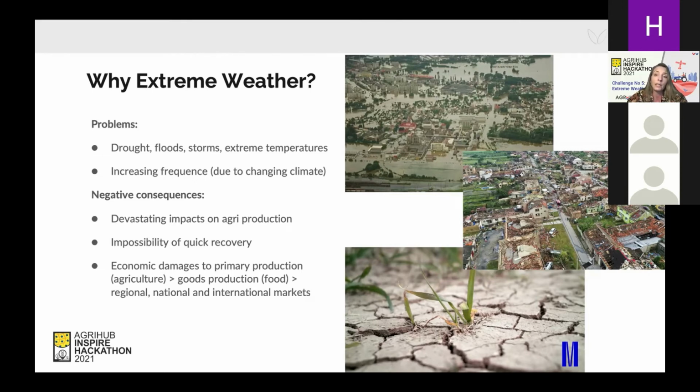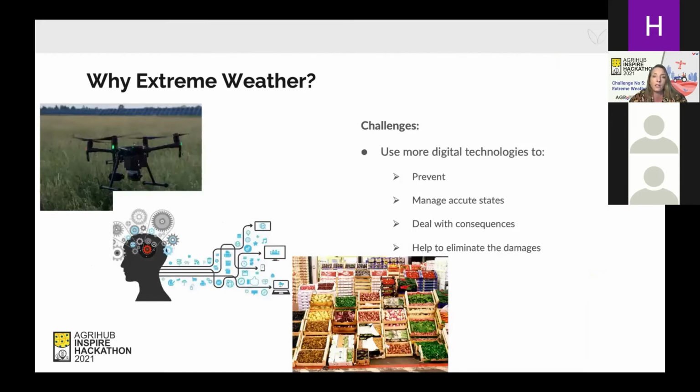So we would like to use more digital technologies in helping to prevent the negative consequences of extreme weather, prevent devastating impacts on agriculture, help with quick recovery after extreme weather events, and help to prevent the economic damages. Why would we like to use more digital technologies?